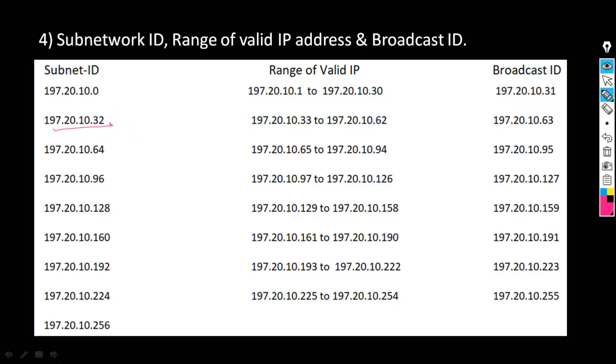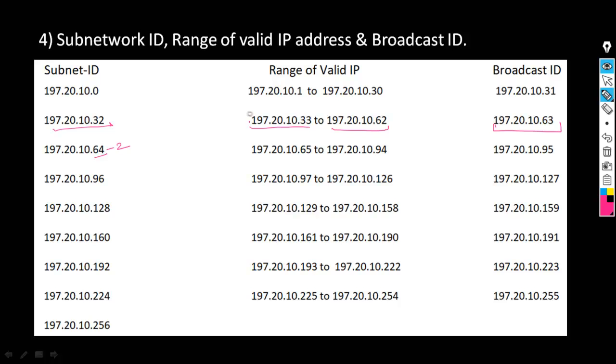So our next subnetwork is 197.20.10.32 and our next IP will be 197.20.10.33. Since 197.20.10.64 is our next subnetwork, we will subtract 2 from this and we will get 197.20.10.62, and this will be reserved for the broadcast ID.